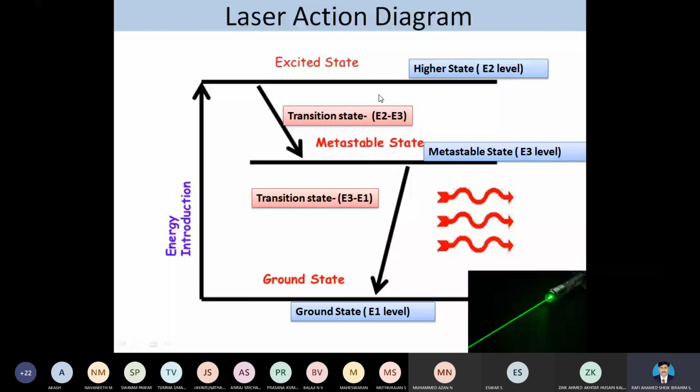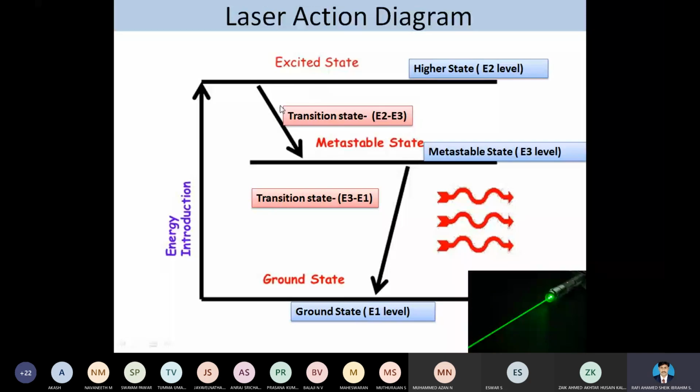To explain the concept, we have shown a distance here, but in reality, the distance is in microns. So the metastable state is almost the higher state. The metastable state is nothing but a higher state.